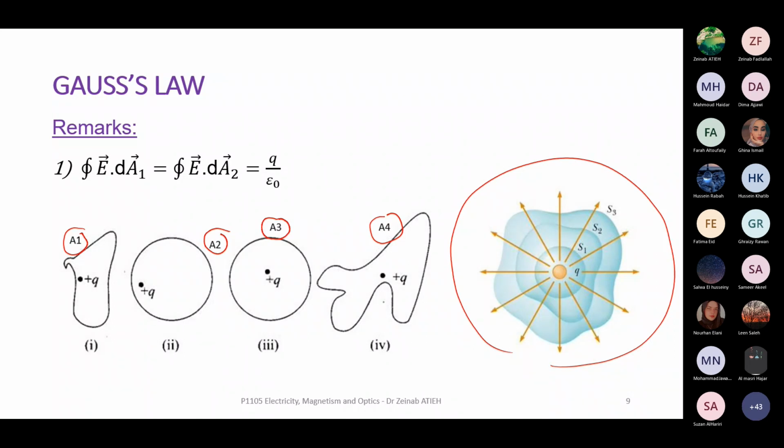Physically, why? Because the flux calculates the number of lines of field crossing an area.